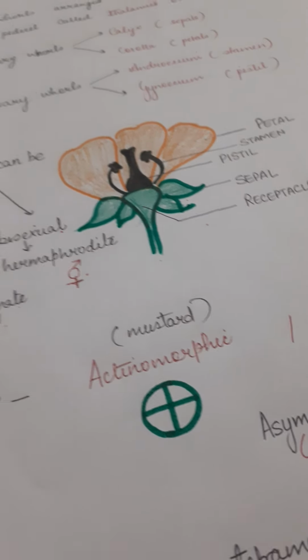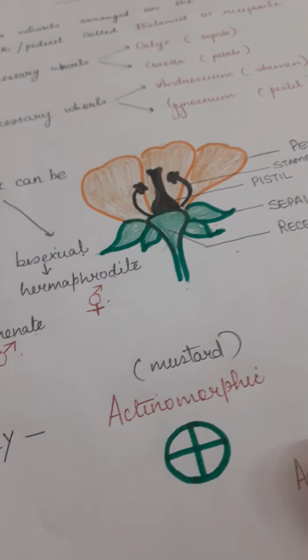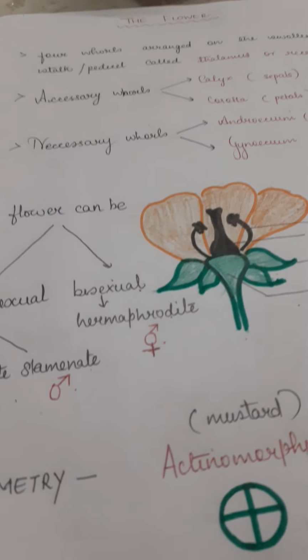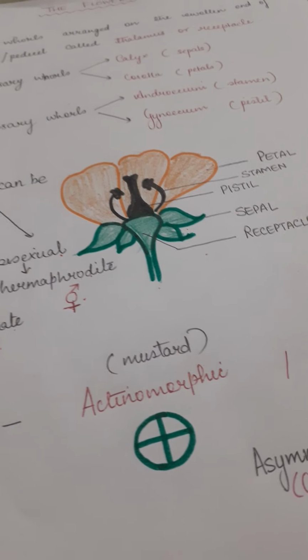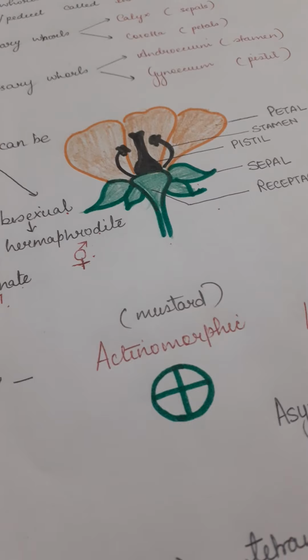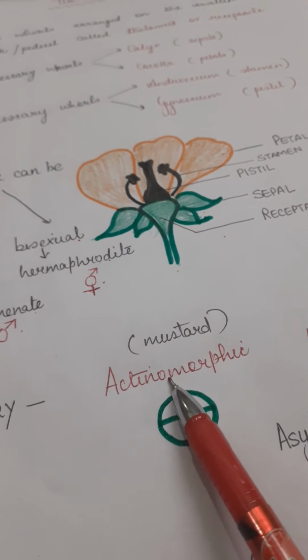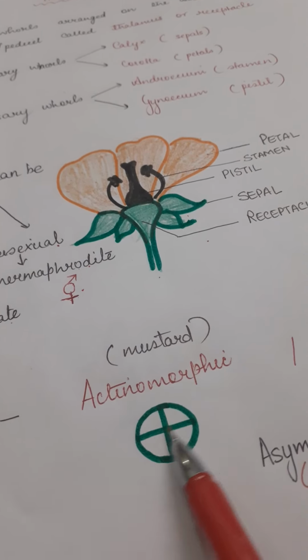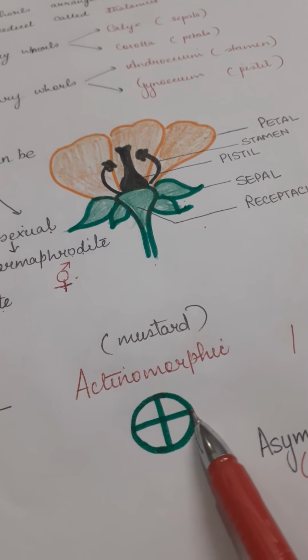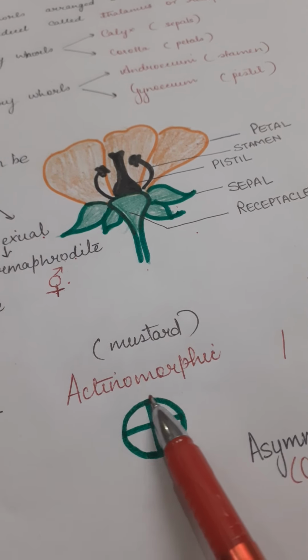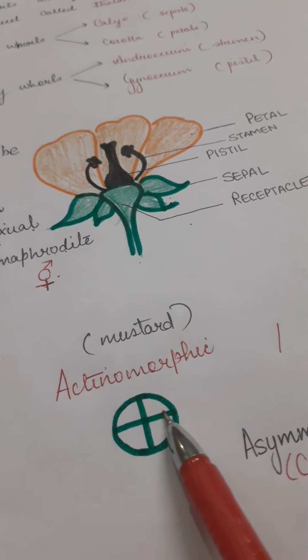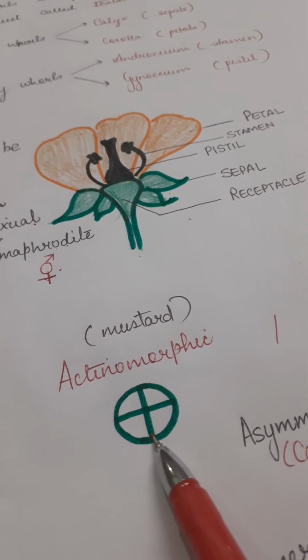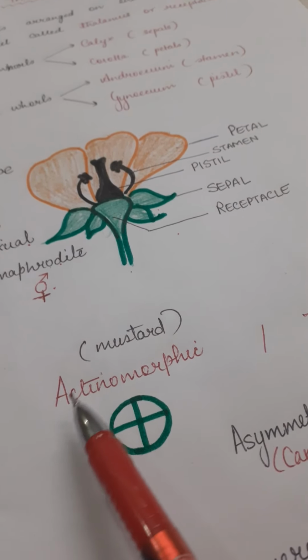Now, you have symmetry. Symmetry means the flower can be cut into two equal parts on its radii. You have actinomorphic and zygomorphic. If the flower can possibly be cut into two equal halves from any of the radii, then it is actinomorphic.